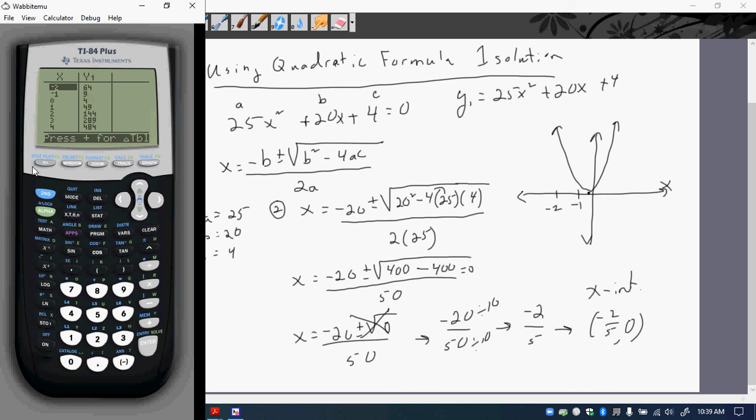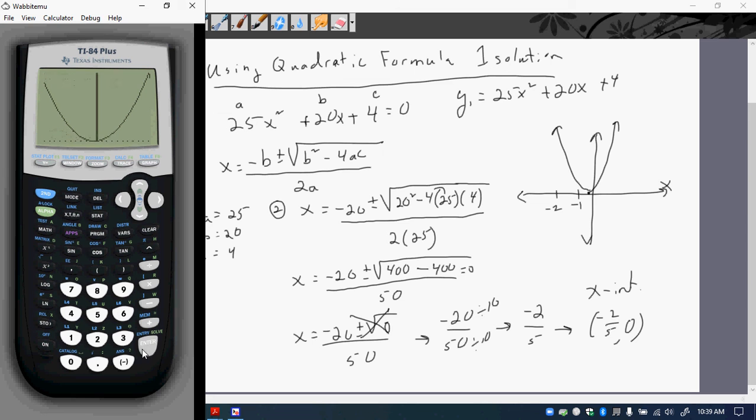So I can actually ask the calculator to do that. I can go to second calc and pick the minimum. So 3. And so it wants me to put it on the left bound, so I'll put it over to the left. I can't see it right now, so there it is, I see it. So enter, and then go to the right, put it on the right side. There it is.